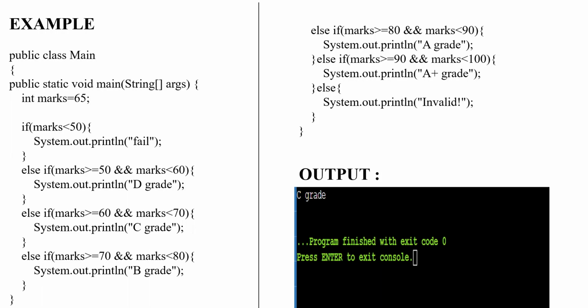The first if condition will check the input value, and if it returns false, then the value will be checked by the next if condition and so on. The message of the else part will print if all if conditions return false. As you can see, the output is C grade because our student achieved 65 marks that we mentioned in our example here.